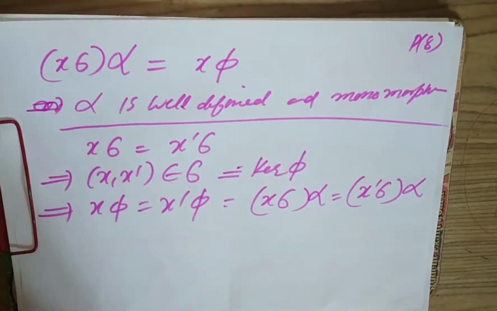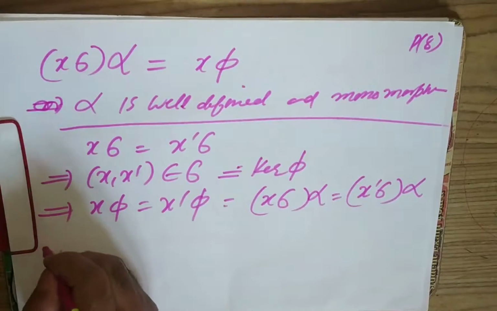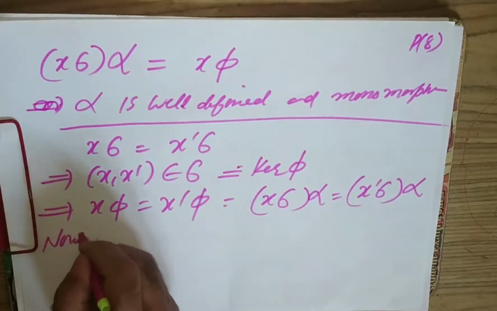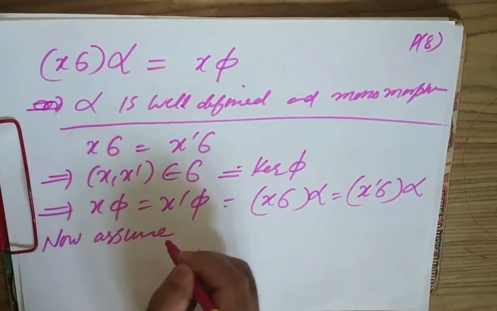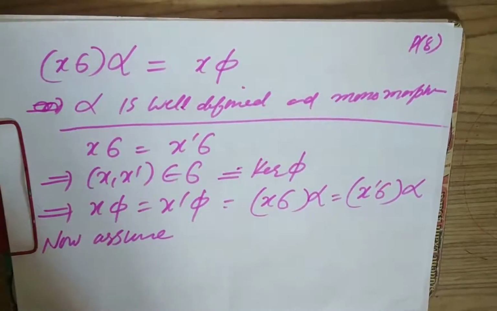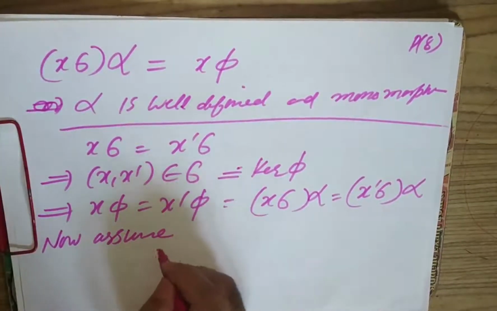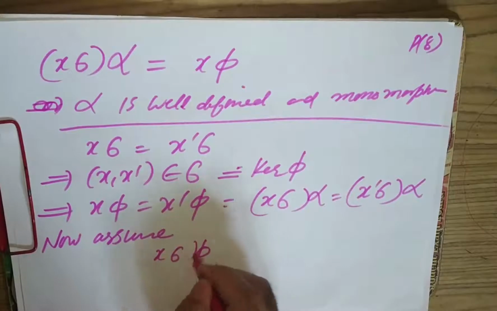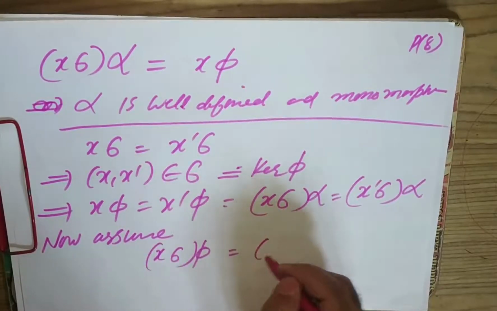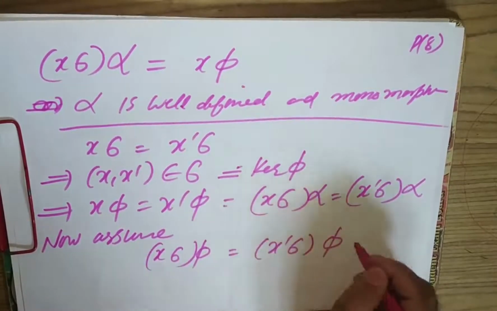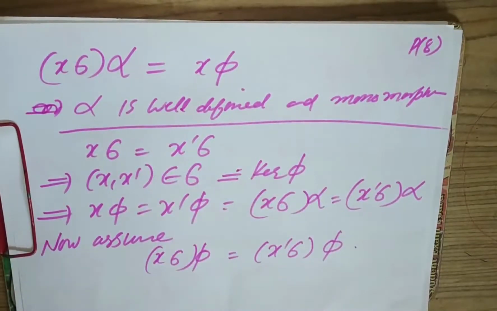Now prove it's a monomorphism, which means it's one-one. So assume that x sigma alpha is equal to x dash sigma alpha. We need to show that x sigma is equal to x dash sigma. So let's first prove the one-one property.